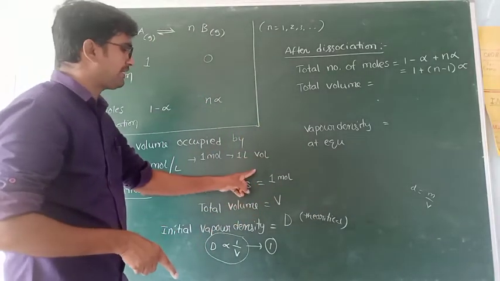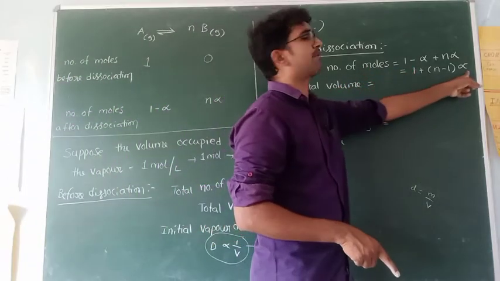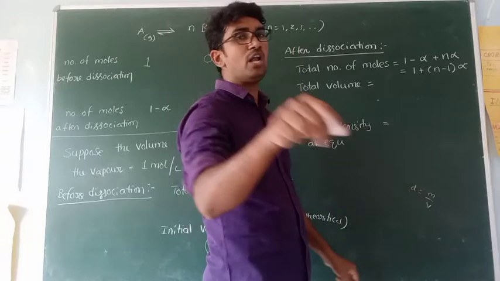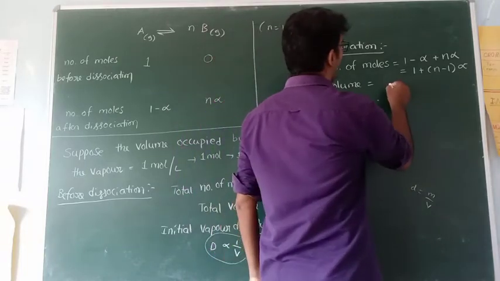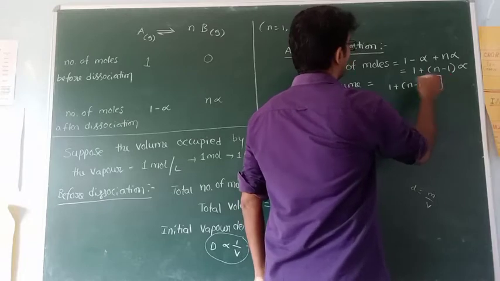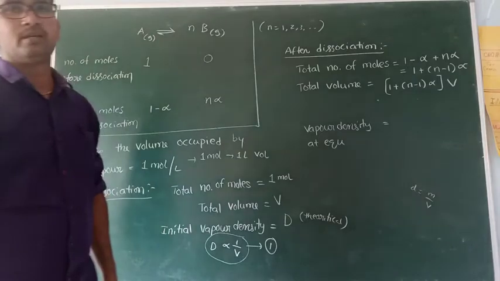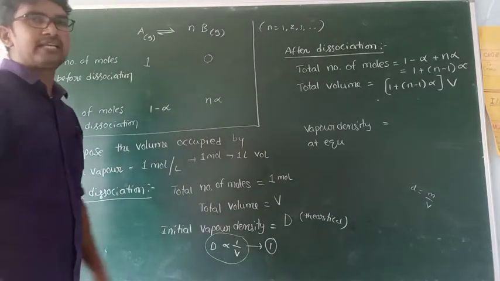Similarly, here 1 mole contains 1 V. But here, how many moles are there? Then how much volume? That is (1 plus (n minus 1) into alpha) total into V. Very simple.